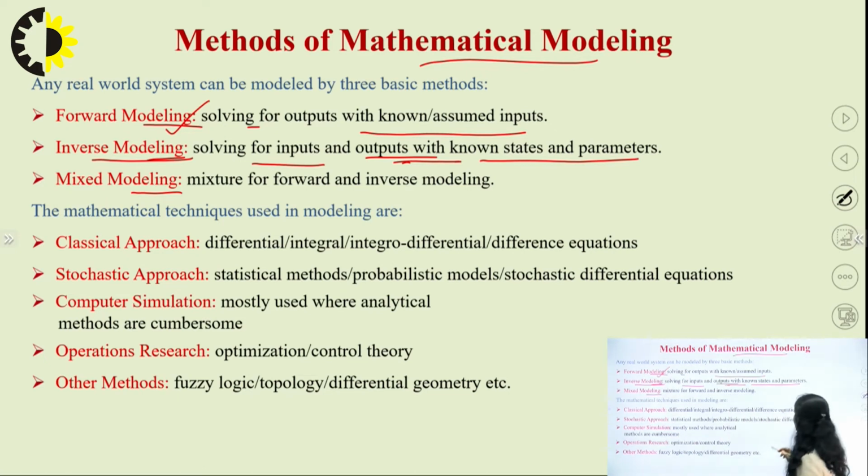For example, we want to either maximize the profit or minimize the cost. Our objective is known to us, and for maximizing the profit, what type of inputs we have to use is the example of inverse modeling.